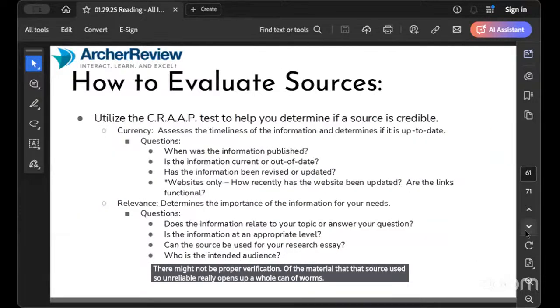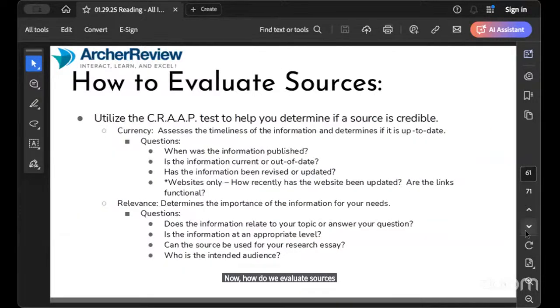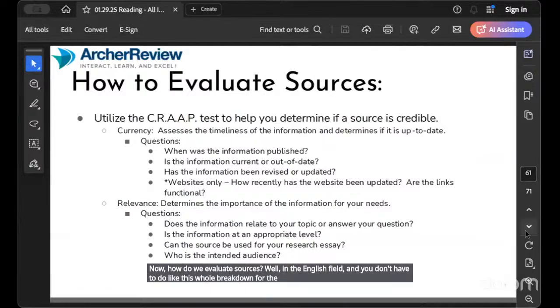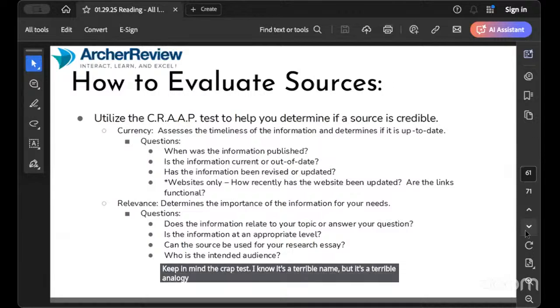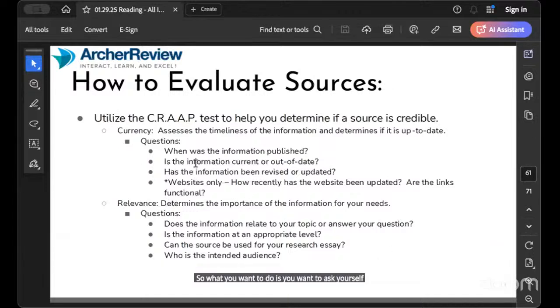Now, how do we evaluate sources? Well, in the English field, and you don't have to do this whole breakdown for the test, but this is the quick rundown of what you have to do in your head. Keep in mind the CRAP test. I know it's a terrible name, or acronym, sorry, but it's helpful. So what you want to do is ask yourself, what's the currency?